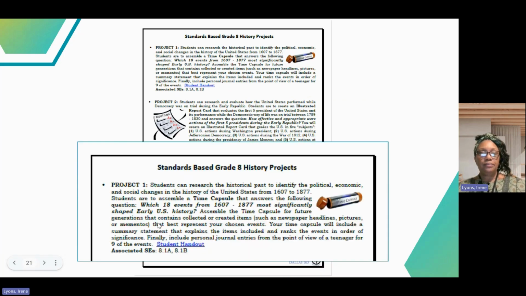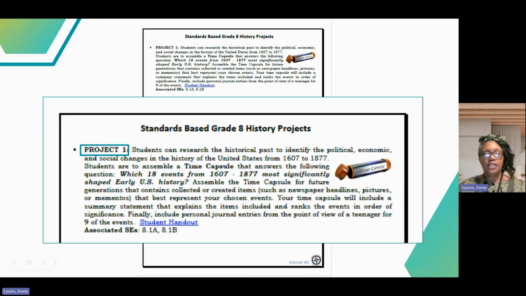Considering project 1, I want to bring to your attention that you get a detailed description of what's expected from this project. This project is an opportunity for students to create a time capsule. So they're going to bring in their shoe boxes or their canisters and they're going to decorate it. And they're going to focus on this question as they create this time capsule.